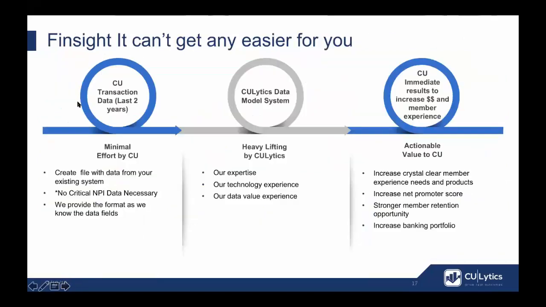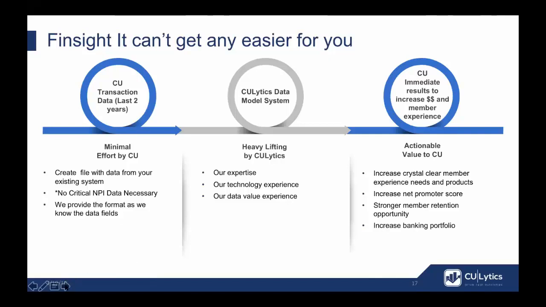The way it works is that we take your transaction data for the last 2 years without any critical NPI data information. We run it through the Ceolitics data model, and then we provide to you some actionable lists that can help drive member experience, drive the promoter score, build some stronger relationships, and of course, increase your business banking portfolio.